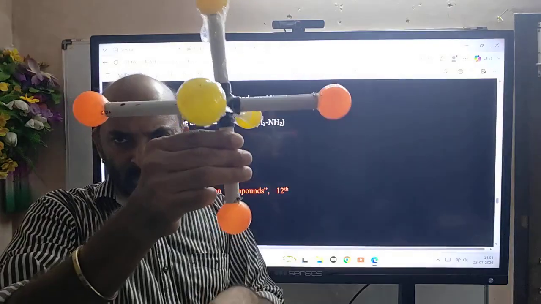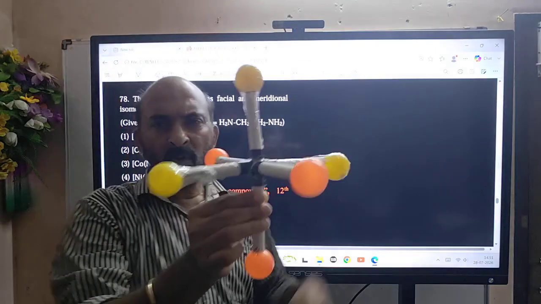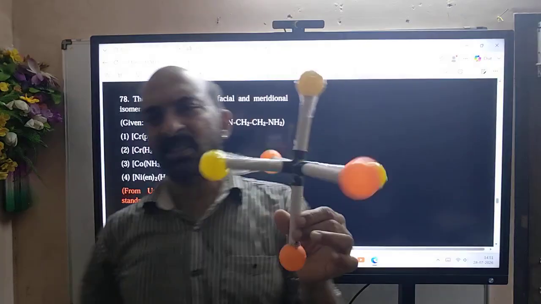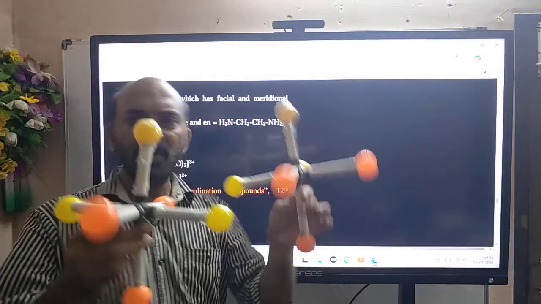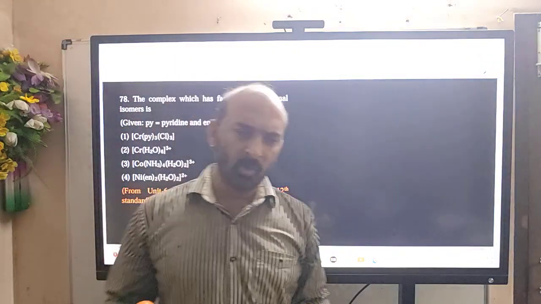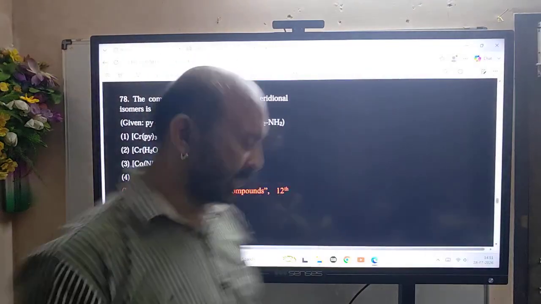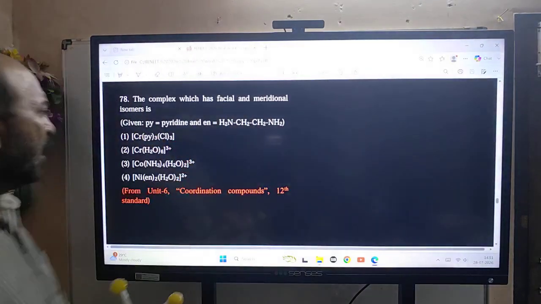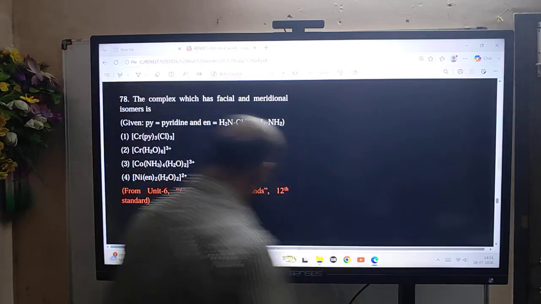So this is one orange T and this is one yellow T. So two T's are connected. This type of structure is called meridional. So facial and meridional are shown by what? MA3B3 structure. Here it is MPy3Cl3. Hope you understood that. One is the answer here.